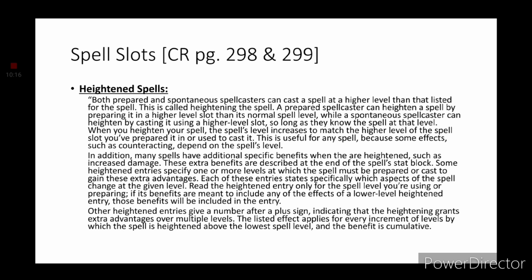That way you have multiple castings that are more powerful than the lowest spell level that you have prepared. I like it. I think this is good.